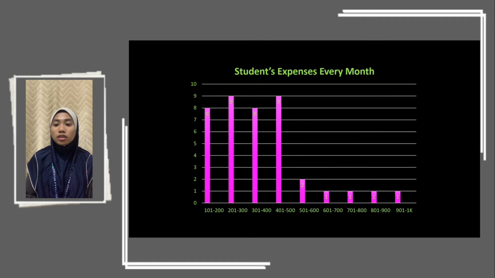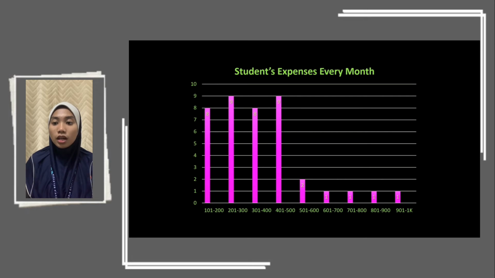As we can see, the graph shows the number of students who spend their money in the range of 101 until 200 are 8 people. Next, 201 until 300 are 9 people. Then 301 until 400 are 8 people.